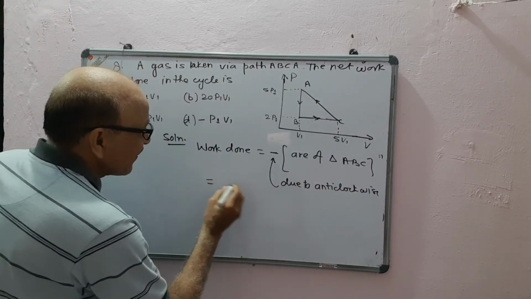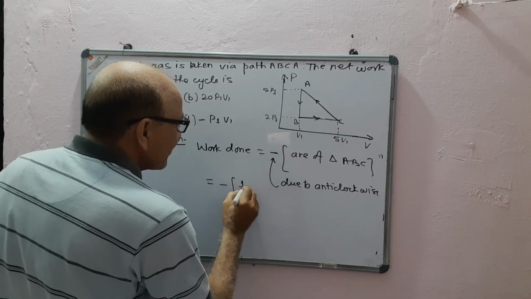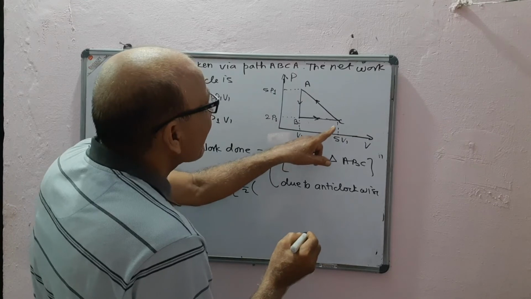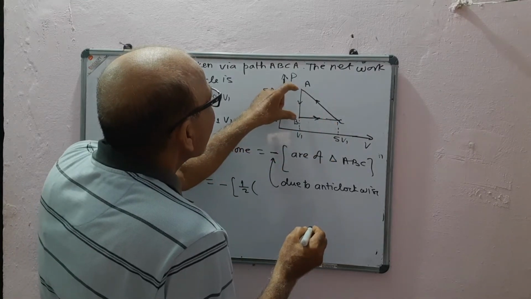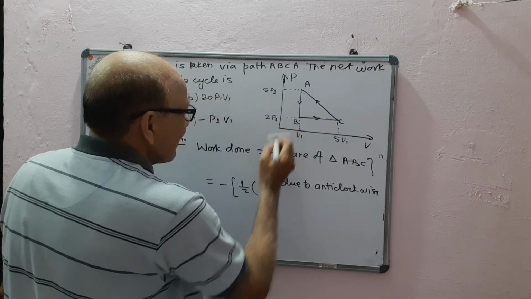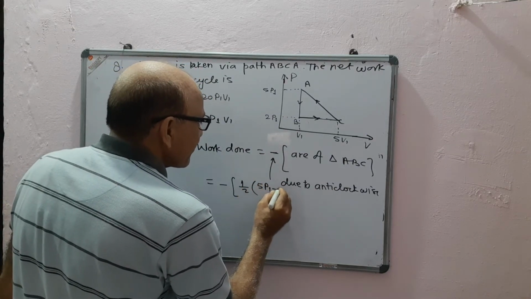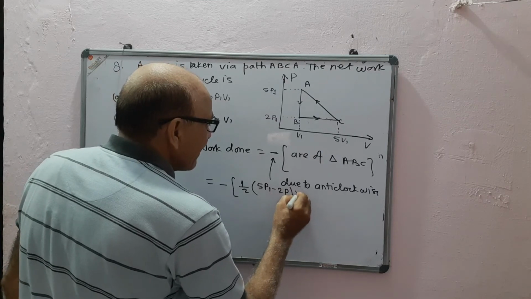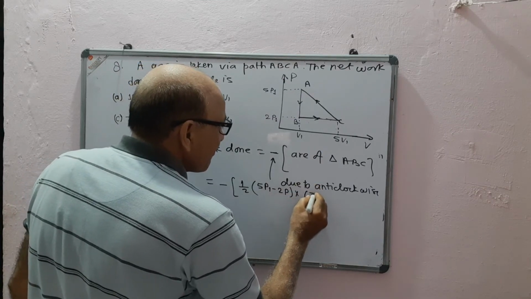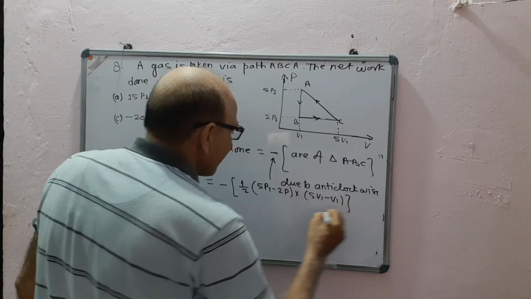So work done will be equal to minus area of triangle, which is 1 by 2 into height into base. Height is 5p1 minus 2p1, into base 5v1 minus v1.